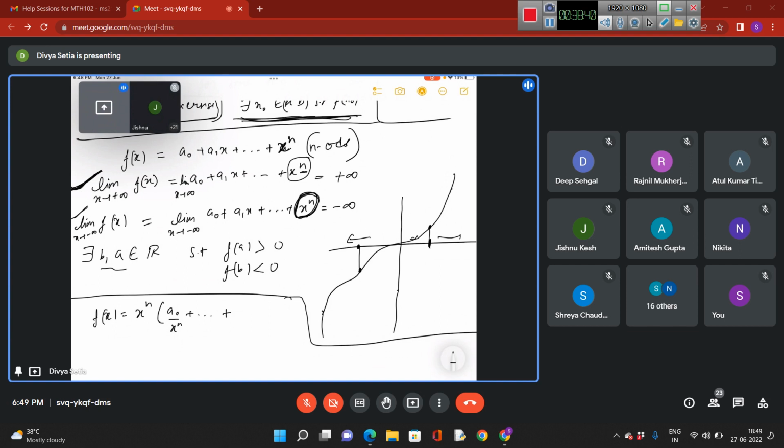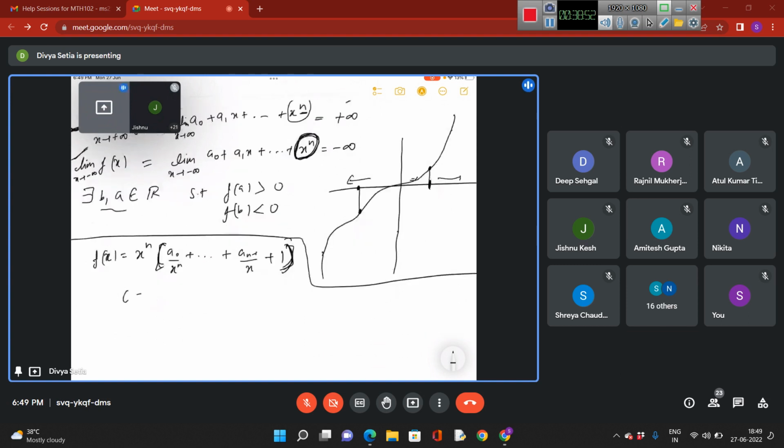Then write your function in this form, and then find an appropriate number c. I'll give you the number because I've calculated it. This is your number.